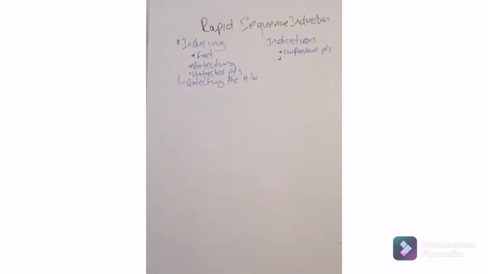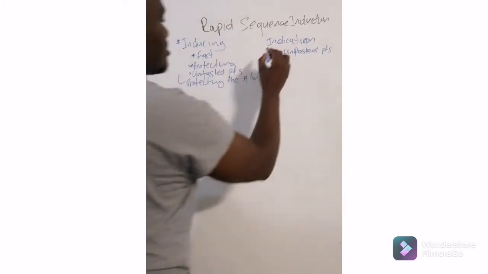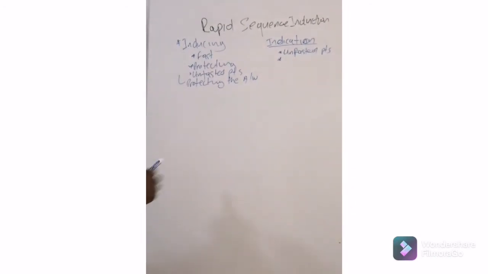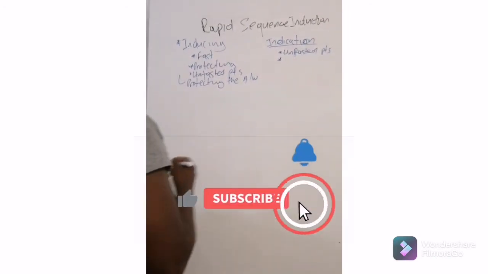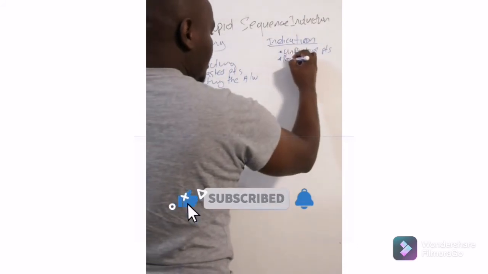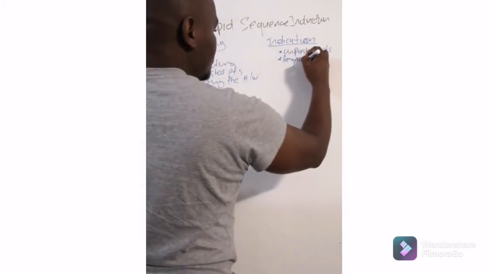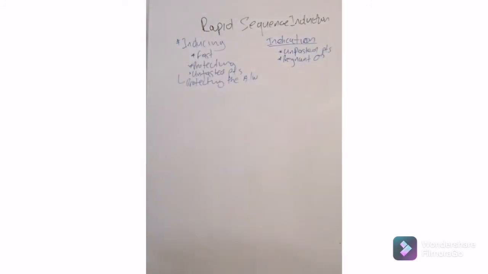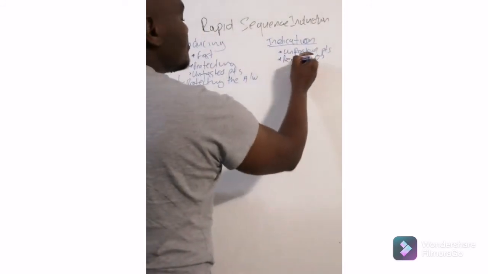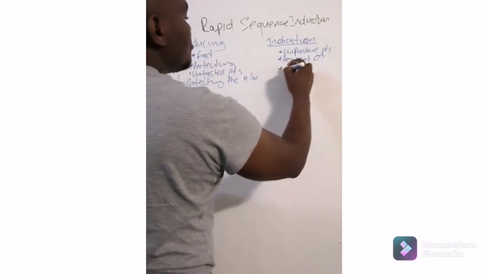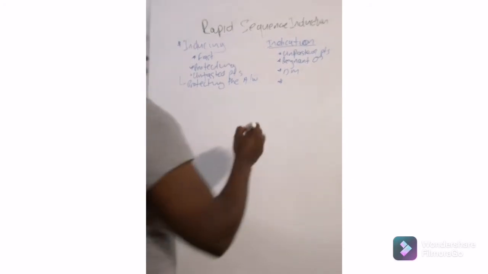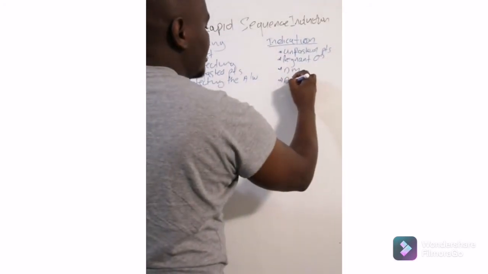So now, other patients that are regarded as unfasted, I think I've been mentioning this a lot in the videos. Pregnant women, people with diabetes, people who've got diaphragmatic hernias.